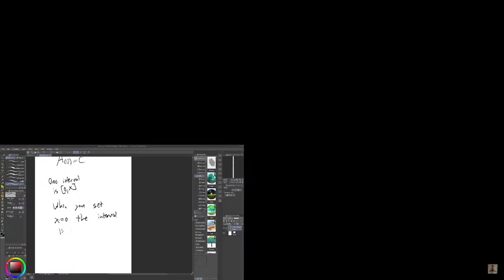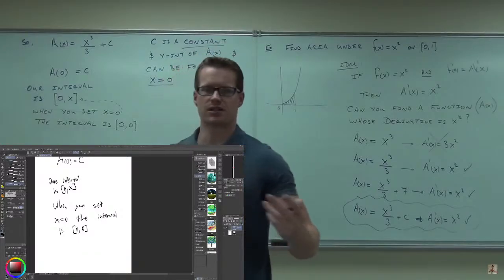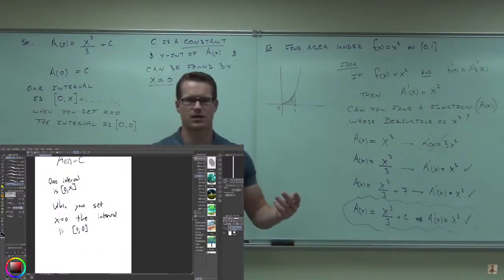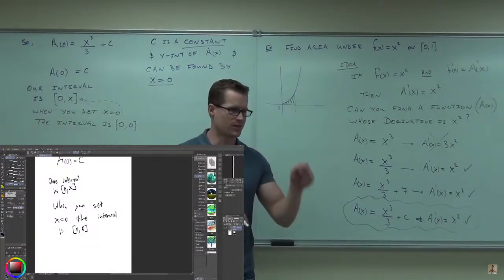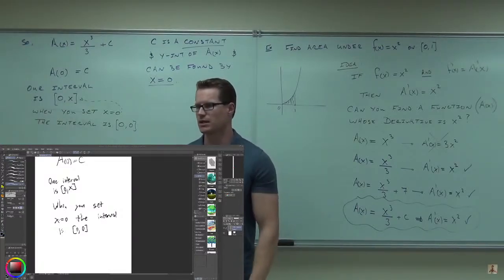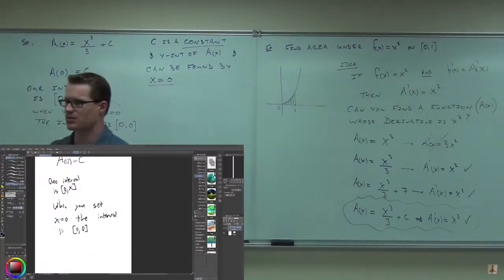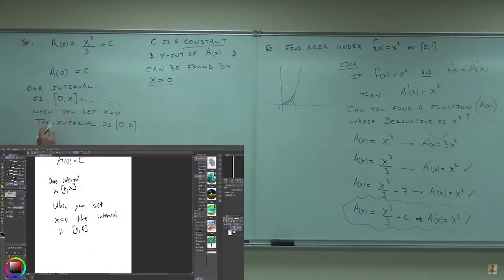That's the area under a single point. The area under a single point is always 0. If you took any statistics at all, you know this with continuous distributions. If you ask what's the probability of an exact number, it's always 0. You can't get it because there's an infinite number of possibilities. That's the same idea. The area is 0. So when you set x equals 0, the interval is 0 to 0. That is the area under a single point.